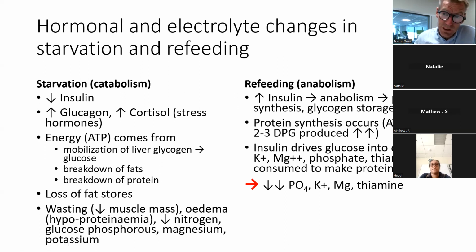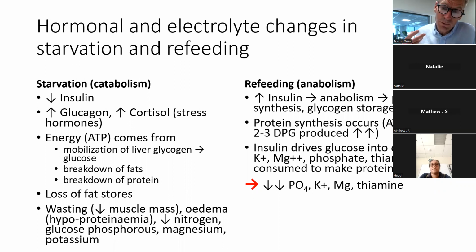And that's a good thing, that goes from breaking down protein to making new protein, which can lead to increased muscle strength and storage of glucose as glycogen when you feed patients carbohydrates. But it also leads to a number of other deficiencies.